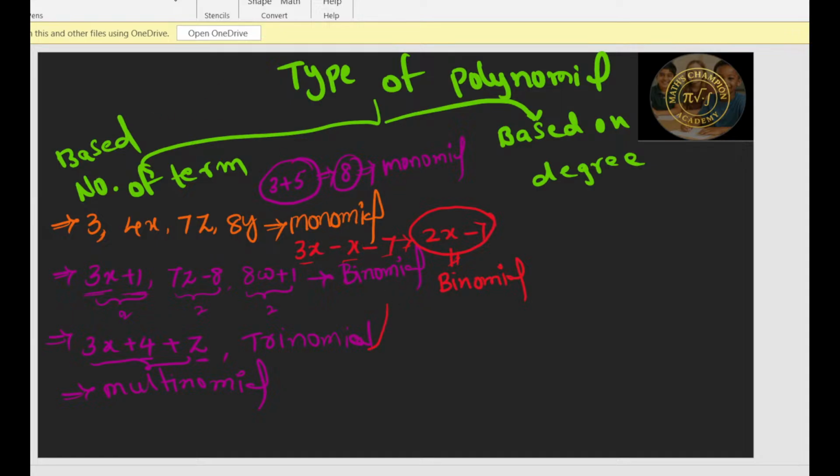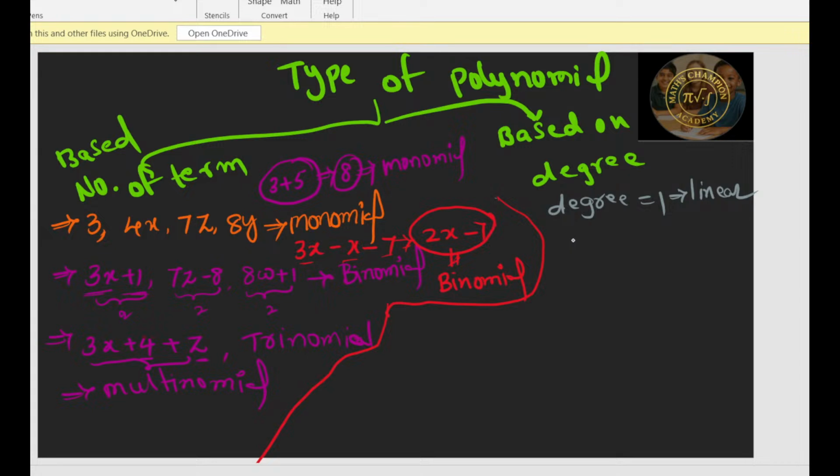Now again, based on degree. First, if the degree is 1, that one we call a linear polynomial.